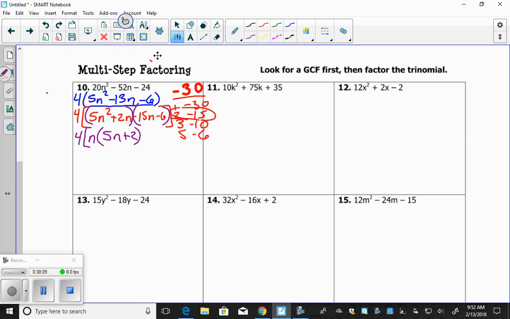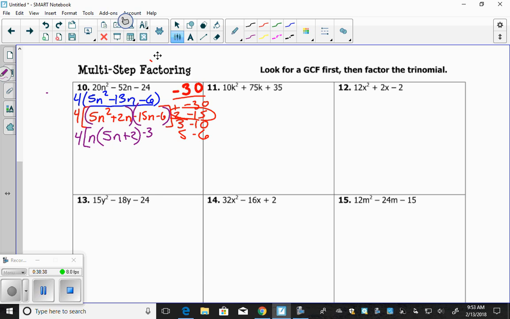Okay, what about the next one? What's common? Positive or negative? Negative 3. Can 3 go into 15?